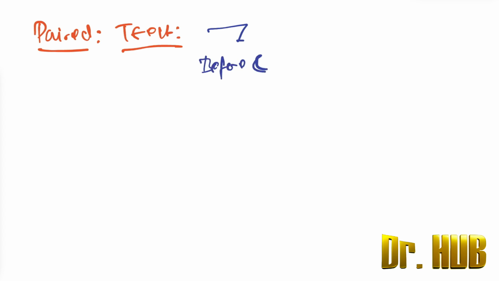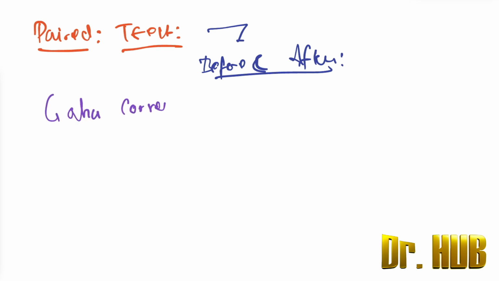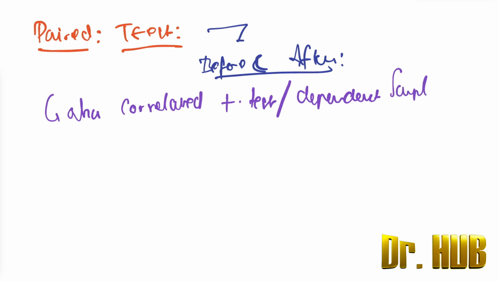It is also known as the correlated t-test or the dependent sample t-test, and it is used on the same variables measured under different conditions.